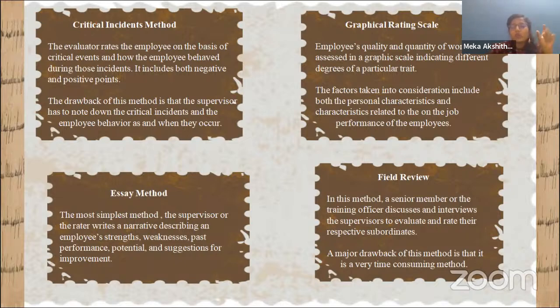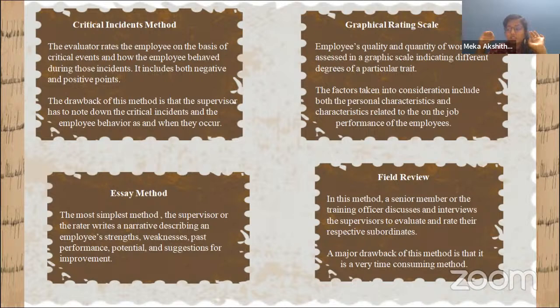One disadvantage of this critical incidents method is that the supervisor, who is rating and evaluating the employee, has to note down how the employee reacted to that particular situation. Because if the incident happened long back in January, and the evaluator is thinking about it in June, he or she might forget some insights.